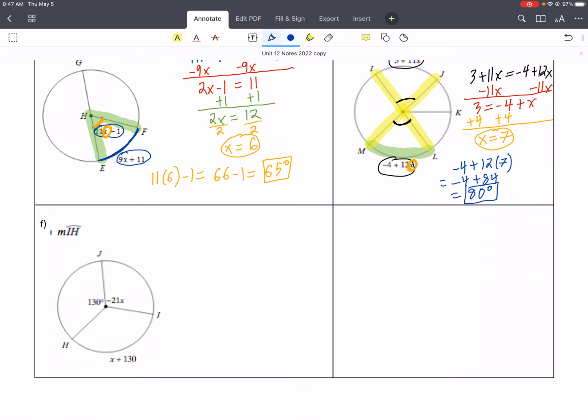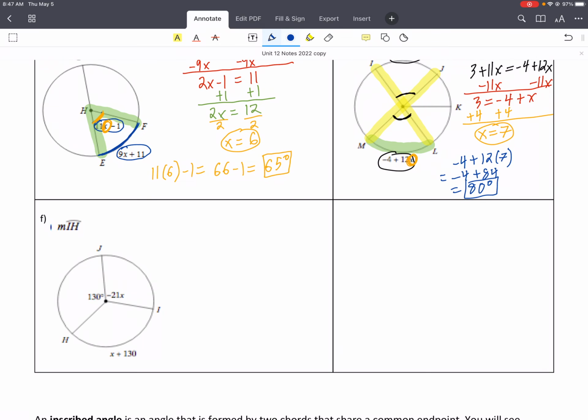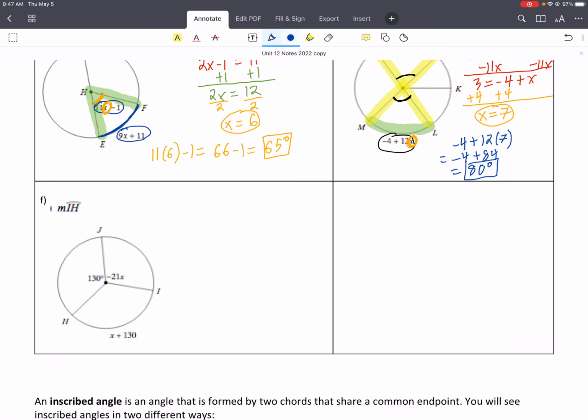On this next one right here, we have to think this one through a little bit. It says find the measure of arc IH, so we want to find that right there. We know that the arc is equal to x plus 130, so therefore this angle is equal to x plus 130 as well.